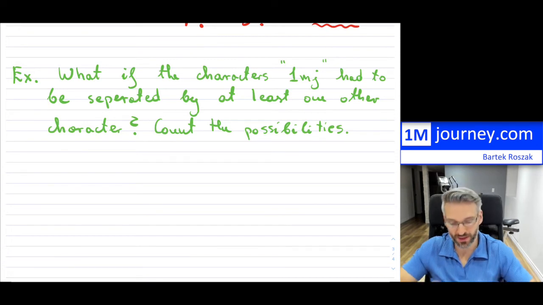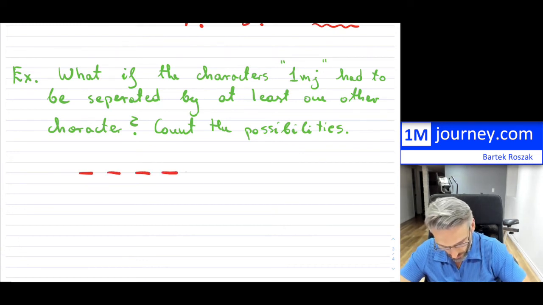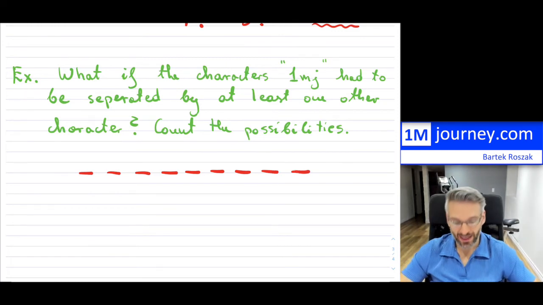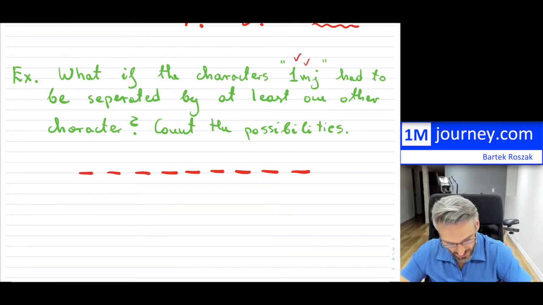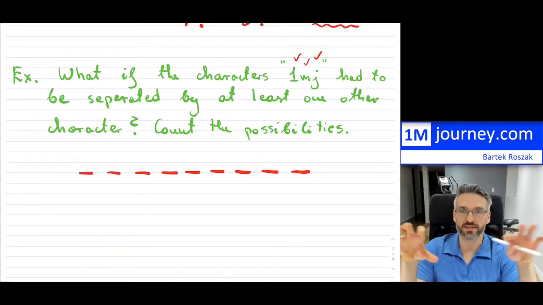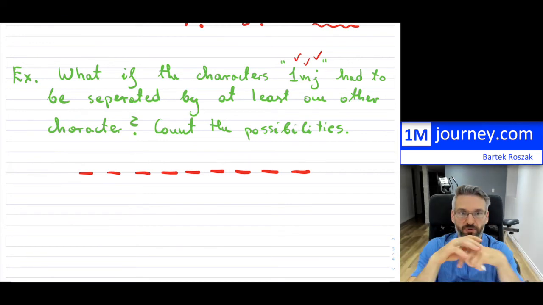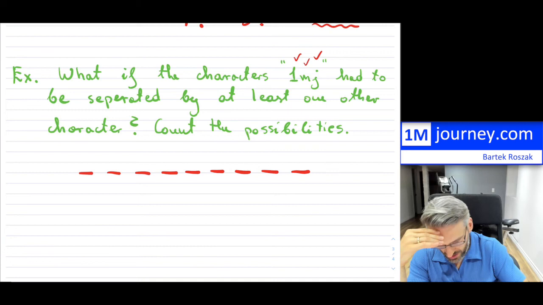They won't know, because what this is saying is that I have these 9 characters, 1, 2, 3, 4, 5, 6, 7, 8, and 9, and it's telling me that these characters have to be separated. So we have to separate them somehow by at least one other character. So how could that possibly happen?